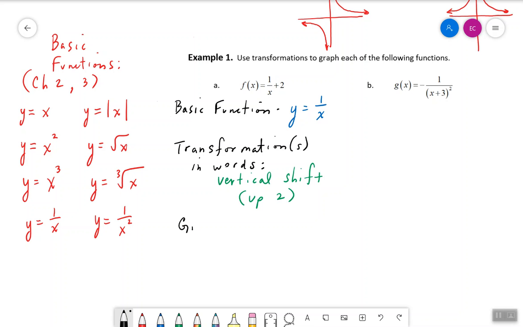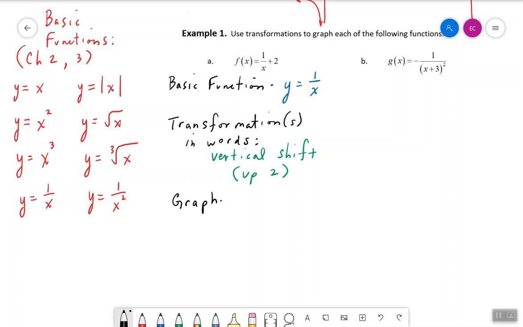And then the third step is to go ahead and sketch the graph. And so we'll start with the origin and the x and y axes, and we'll draw y equals 1 over x.